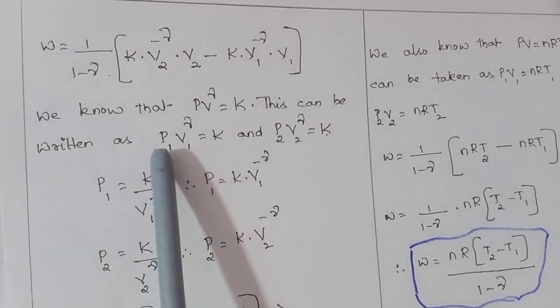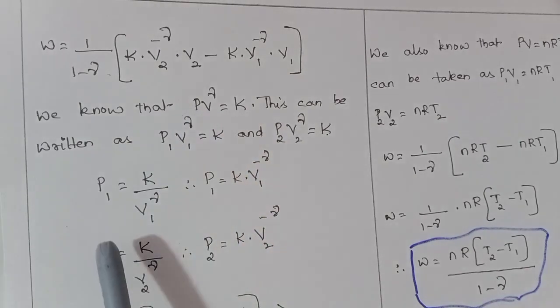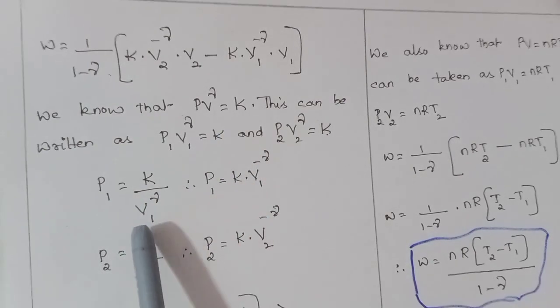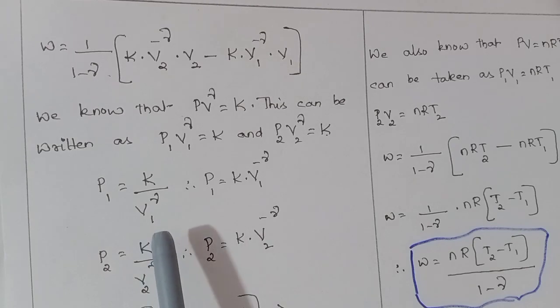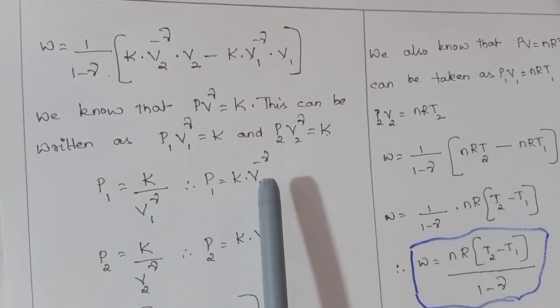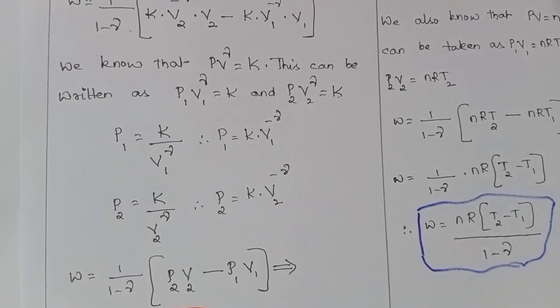Now here P1 V1 to the power gamma is equal to k. From this equation, P1 would be equal to k divided by V1 to the power gamma. If it is taken to the numerator, then it becomes V1 to the power minus gamma. Similarly, you write for P2 also.